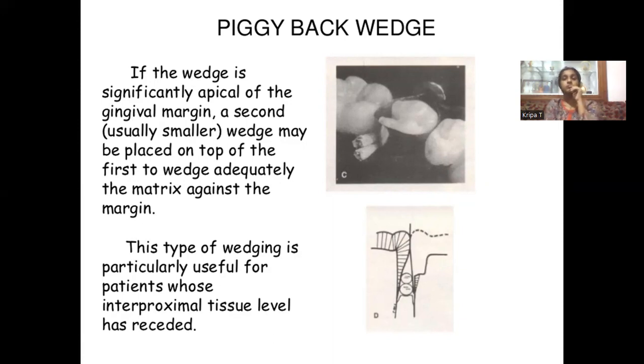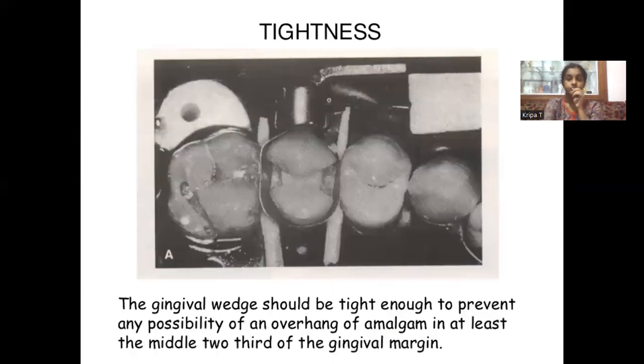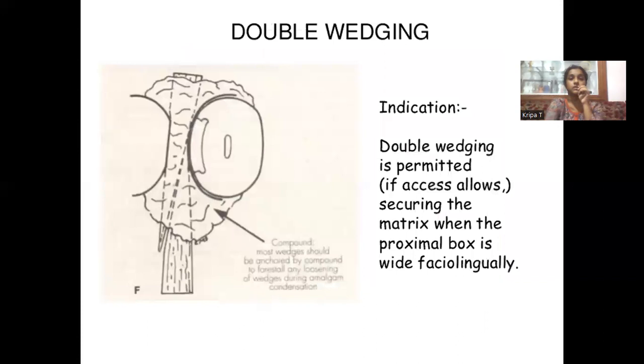That means if there is a gingival recession. This type of wedging is useful for patients where the interproximal tissue level has receded. To check the tightness, the gingival wedge should be tight enough to avoid overhangs in at least the middle third of the gingival margin.